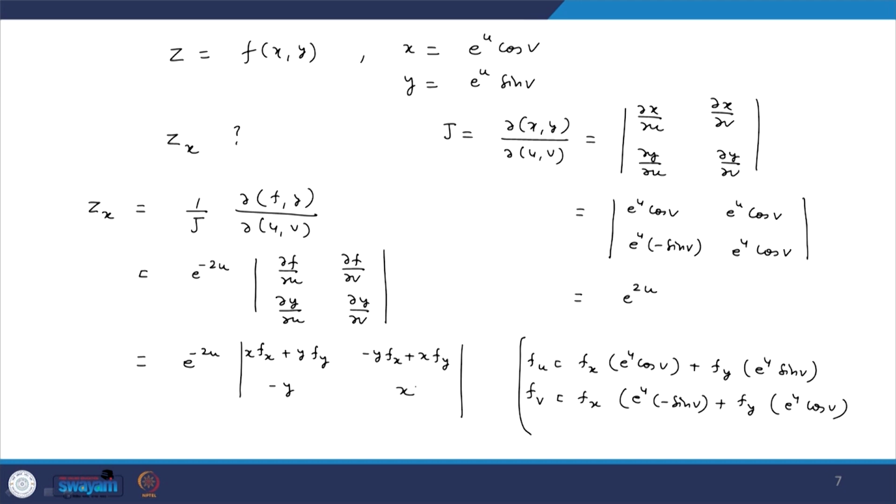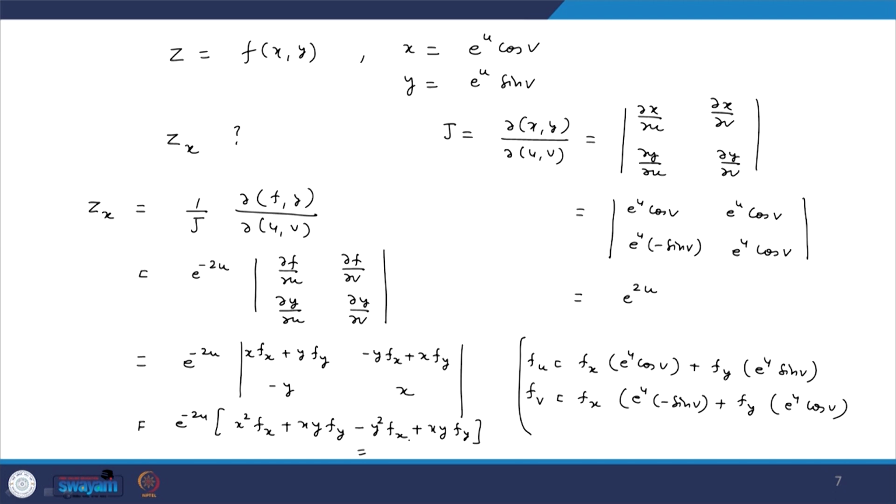Now you can simply calculate this determinant: it is e raised to power minus 2u times x squared f_x plus x y f_y minus minus y squared f_x, and then plus x y f_y. So, this is the final expression which you can obtain for z_x. Of course, these two terms will add up and it will be 2 x y f_y.